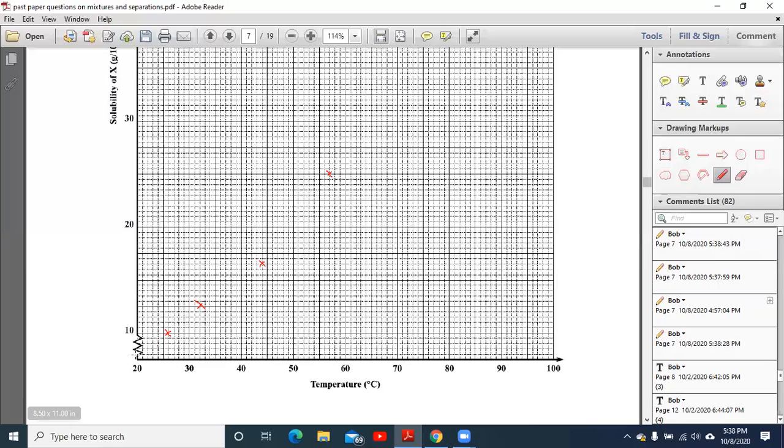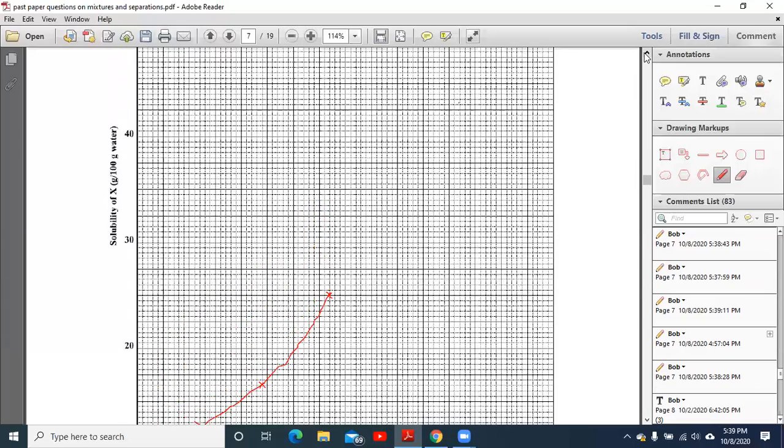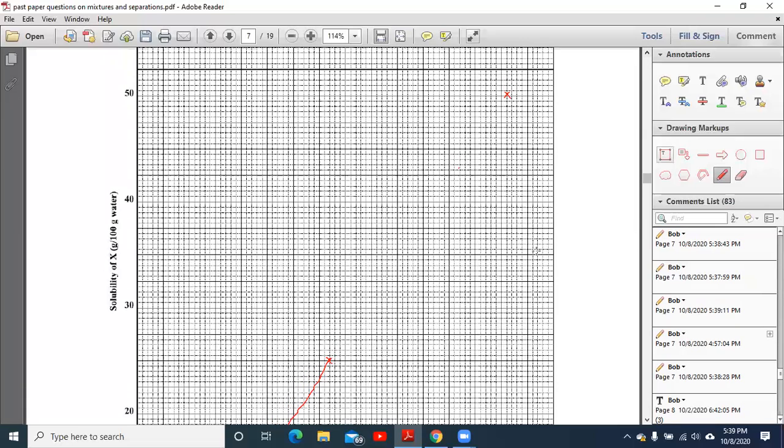If I'm trying to draw my best fit line, I'll have to start a little lower because this application won't allow me to write directly on the X. And go up, trying to be as steady as I can. You will have a little bit more control using your pencils, but your line should be smoother than that.